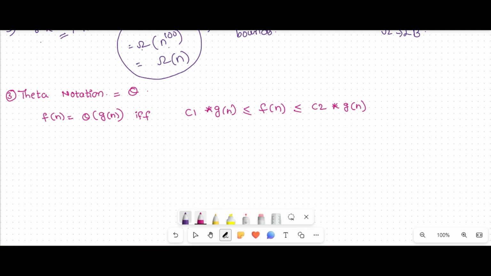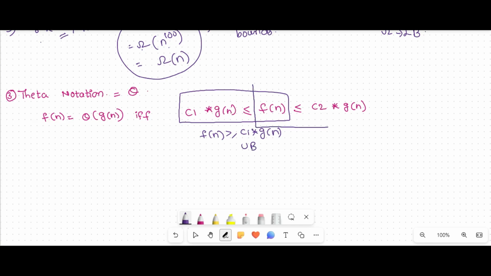Now if you observe this, f of n greater than or equal to c1 into g of n, what is this one?